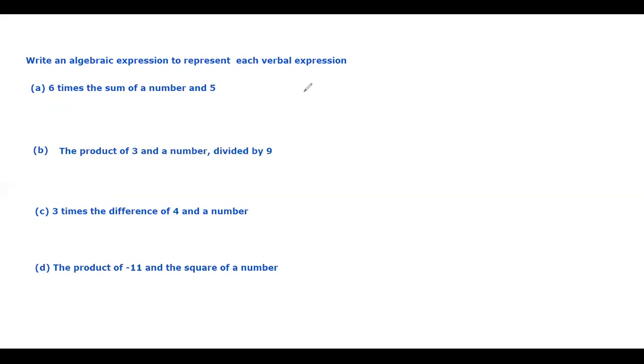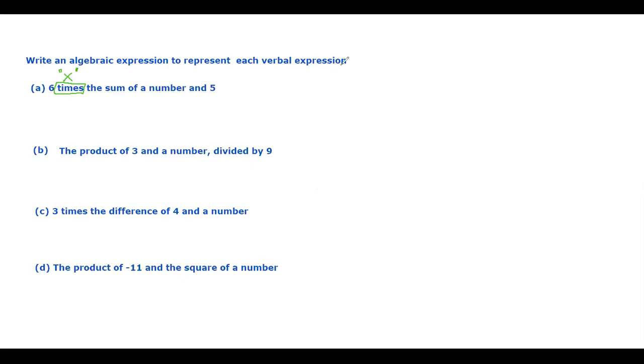The first one is 6 times the sum of a number and 5. The first keyword you catch is times. Times means multiplication, so I'm going to use the multiplication like this, or this dot.